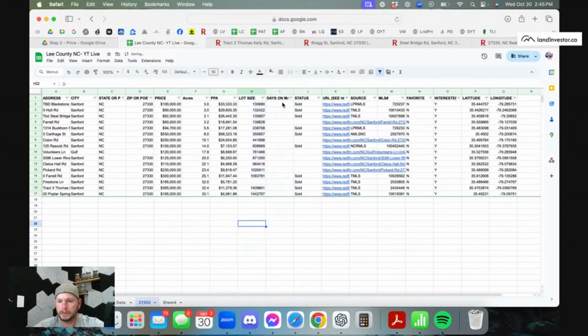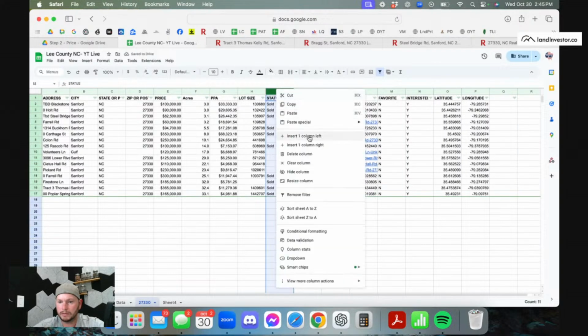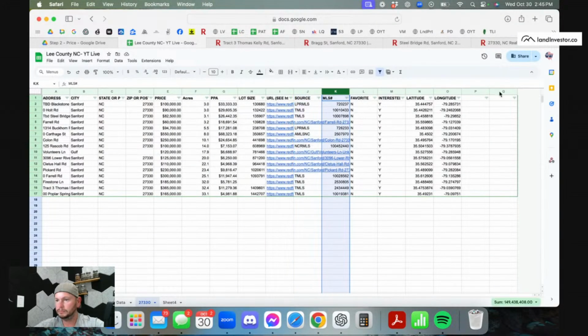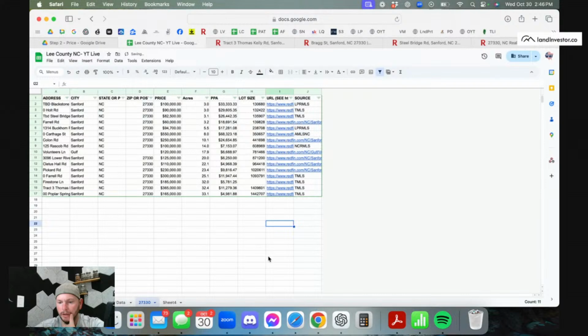Just deleting these two because I don't need them right now. Sold. I know it's sold. Okay. Whew. Much cleaner. Okay, so this is pretty much it.